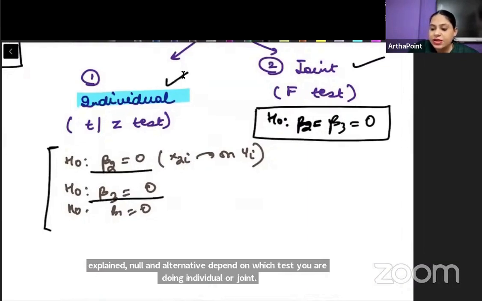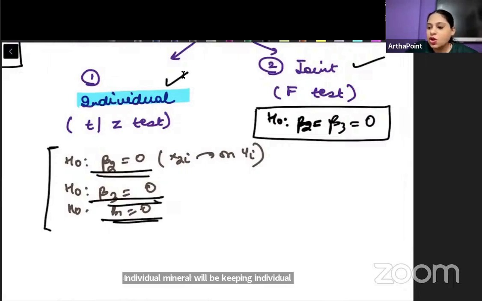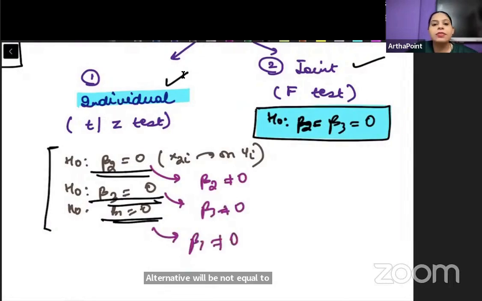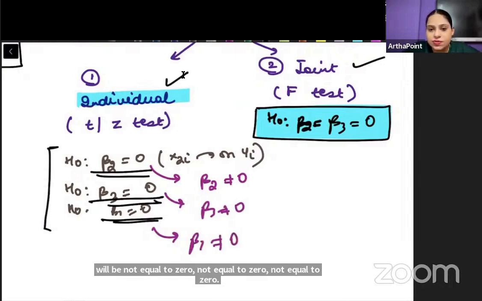In individual, null will be keeping individual parameters at 0 to check their significance. And here null will be to put all of them 0. And alternative also we have created. Alternative will be not equal to 0, not equal to 0, not equal to 0, because direction is not given to us.